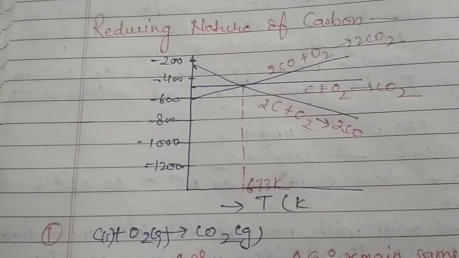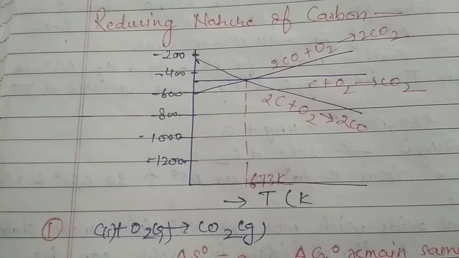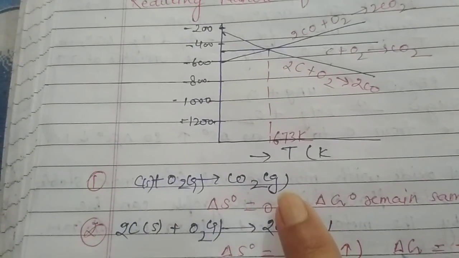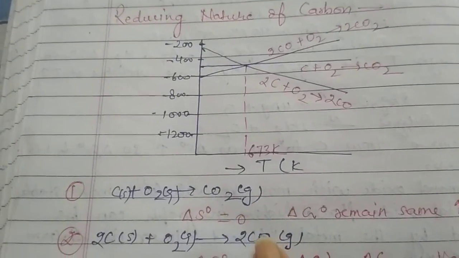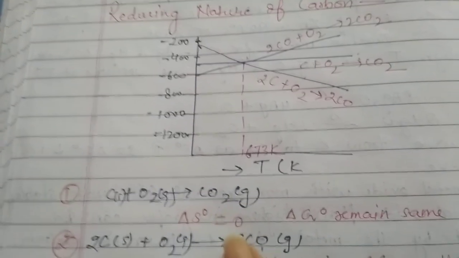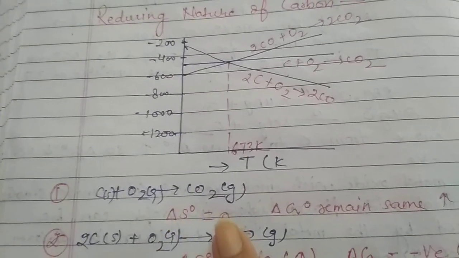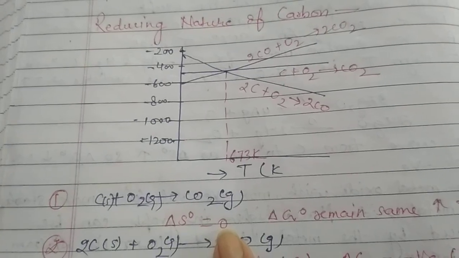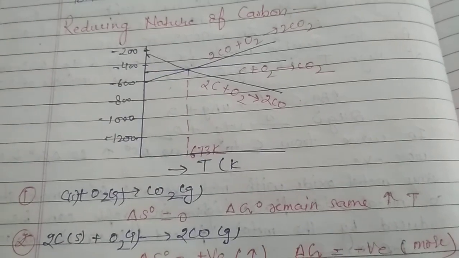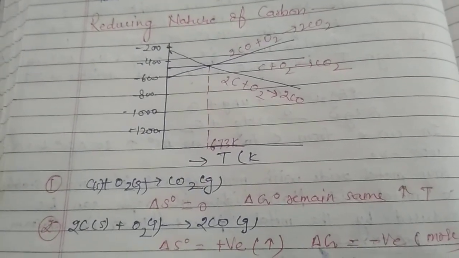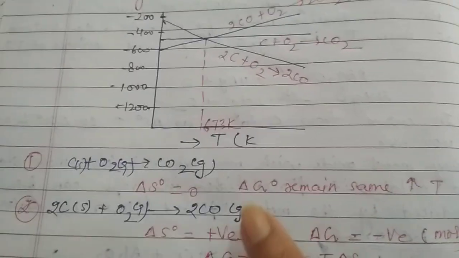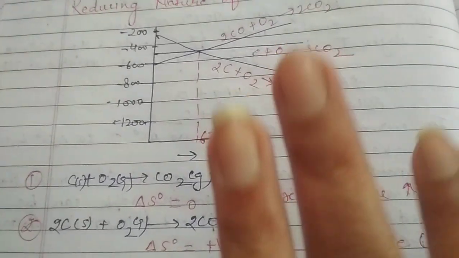Now let's discuss the three one by one. For the first reaction, in which carbon is oxidized to form carbon dioxide, we hardly observe any change in the entropy. It means del S naught would be equal to 0. And if del S naught is equal to 0, there would be no change in the value of del G naught. It will remain the same with the increase in temperature.